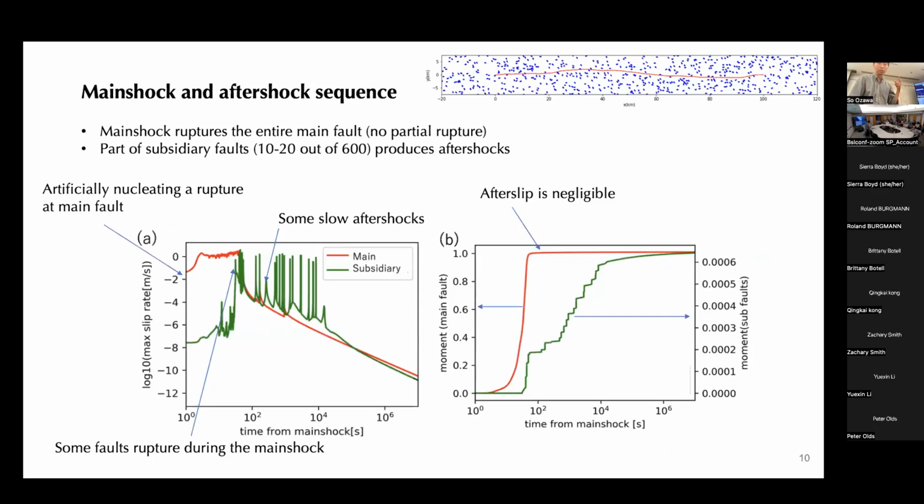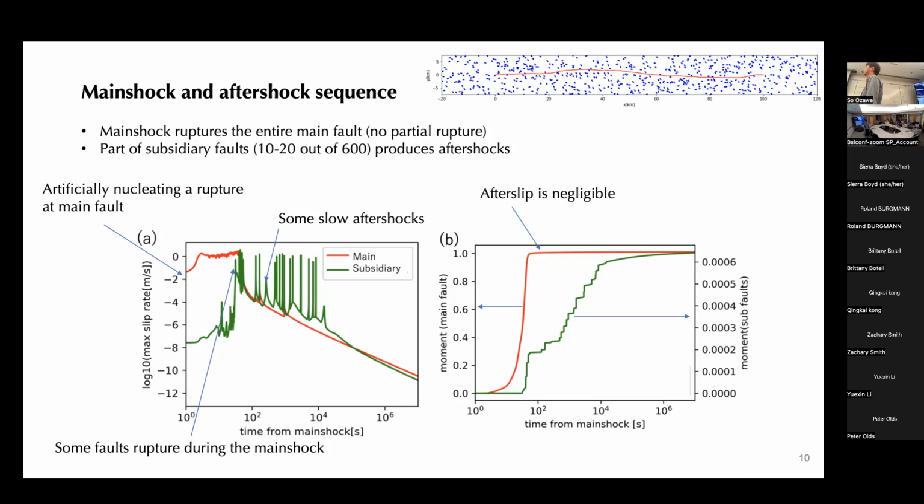So I talked about this. There are some slow aftershocks. They triggered aftershocks, but the slip rate during these aftershocks is not high enough to be seismic. This is actually sometimes happening. This figure shows the cumulative slip on the main fault and the secondary faults. On the main fault, you can see that afterslip is very small in this plot, because this is the end of the main shock, and after that the cumulative slip is almost constant.